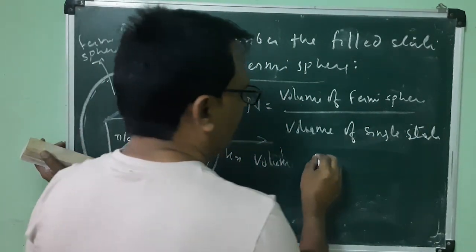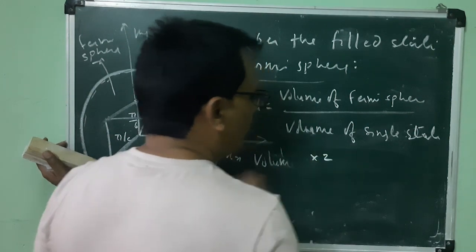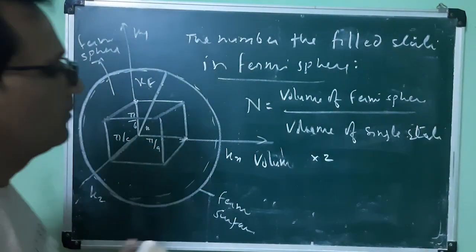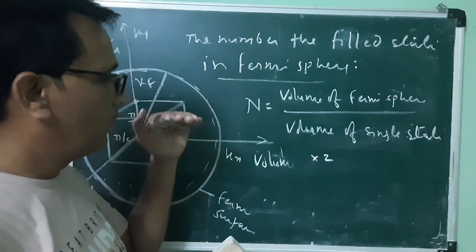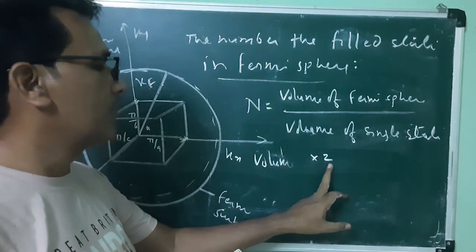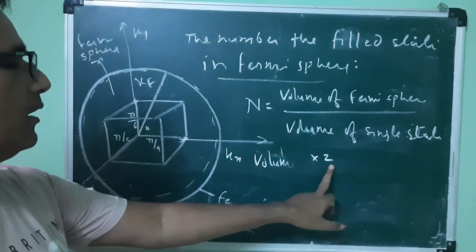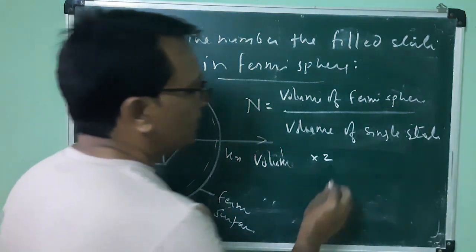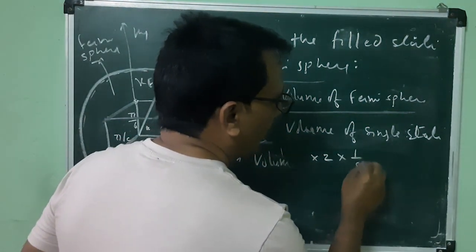And we will further multiply it by 2 because by Pauli's exclusion principle, in one state there will be 2 electrons, so we include here a term 2, and it is further multiplied by 1 upon 8.